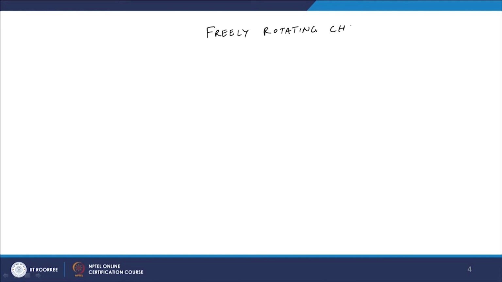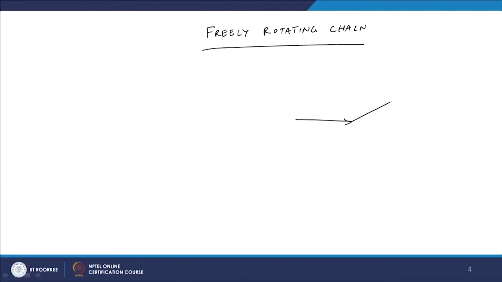We will refer to that as the freely rotating chain. So, now not only do we prevent the next segment from folding back into the previous segment, we also say that the next segment has to be at an angle theta with respect to the previous segment.